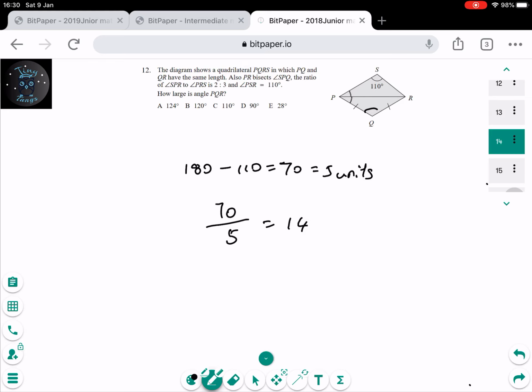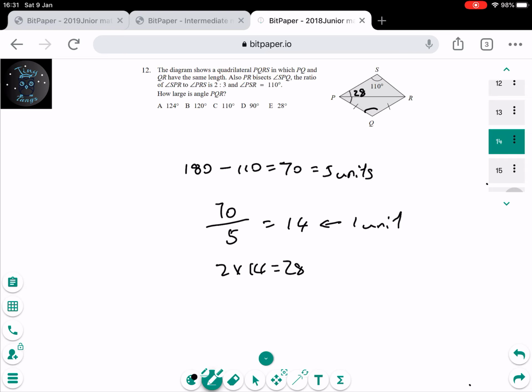The angle SPR is 2 units, so 2 times 14 equals 28.